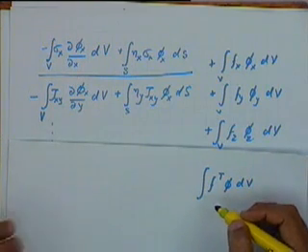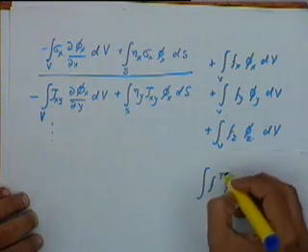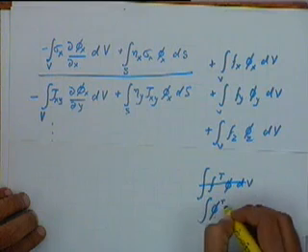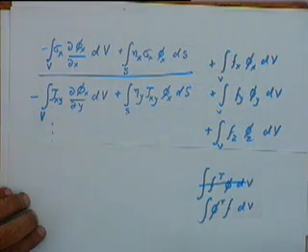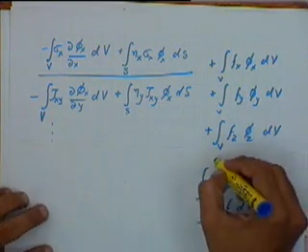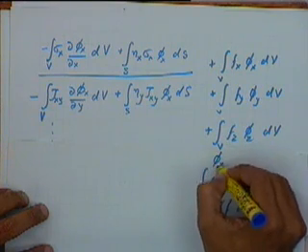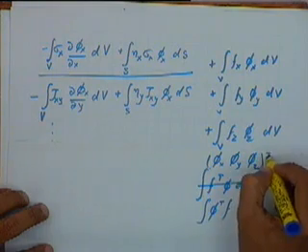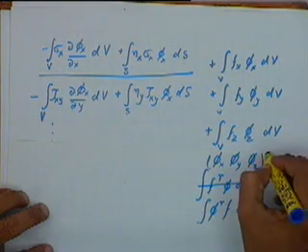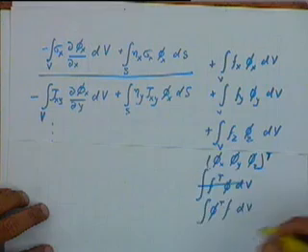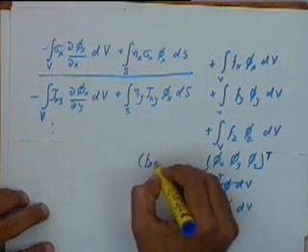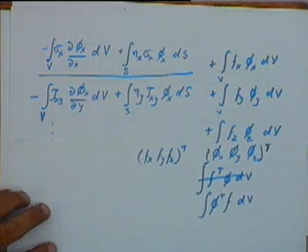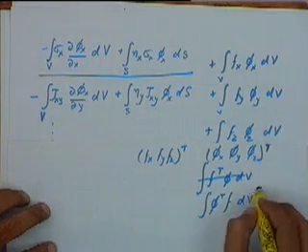Or I will write it as the integral of phi transpose times f dv, where phi is nothing but the column vector phi x, phi y, phi z, and f is nothing but fx, fy, fz transpose. So these 3 terms can be written like this.